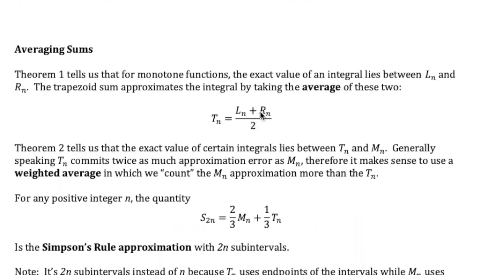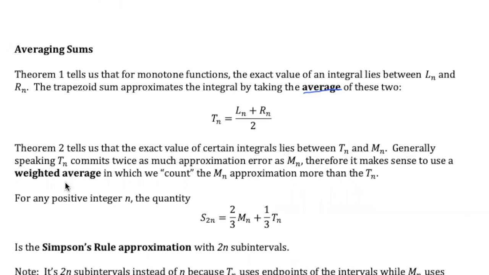So it's kind of finding a middle of those two values. So we take the average of those two to get a good estimate. Now, Theorem 2 tells us that the exact value of certain integrals, where you're either concave up or concave down, will be between the trapezoidal and the midpoint.